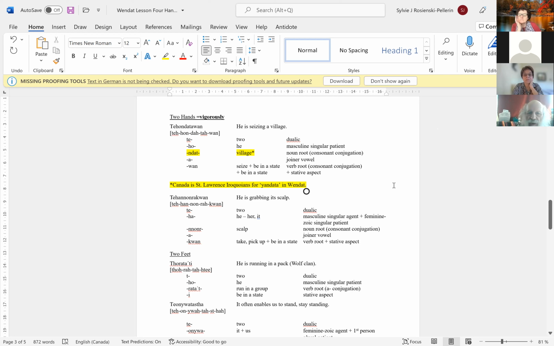So this is the first linguistic evidence, and I didn't anticipate it. First I said, look, there's an M. There is no M in Wendat. There would later on be an M in Wyandot, which developed sometime, I think, earlier on in the 19th century.